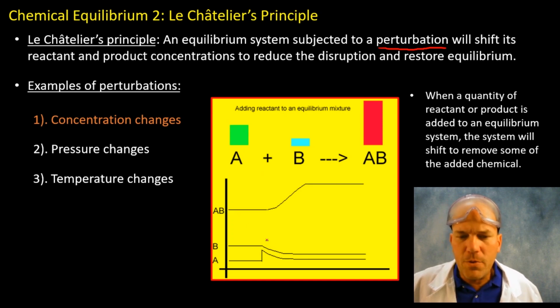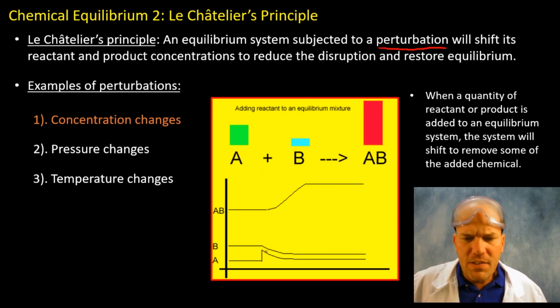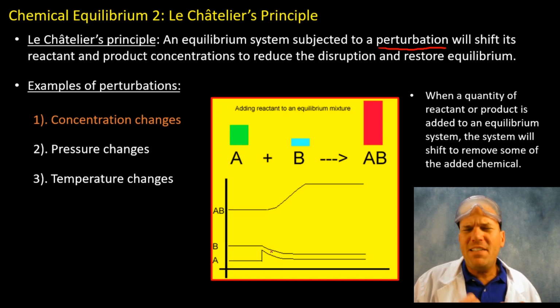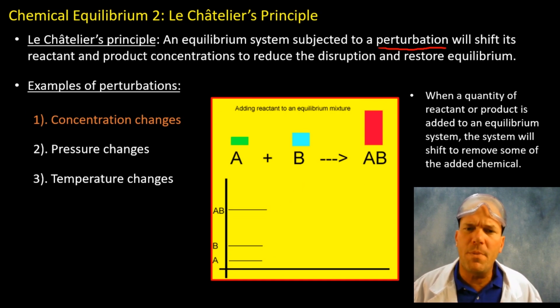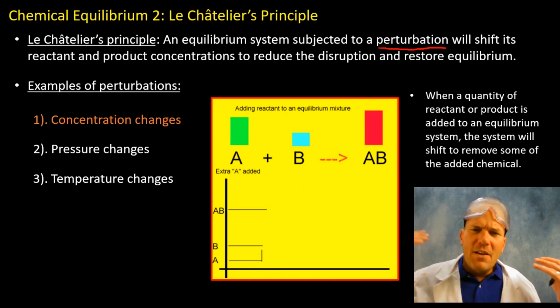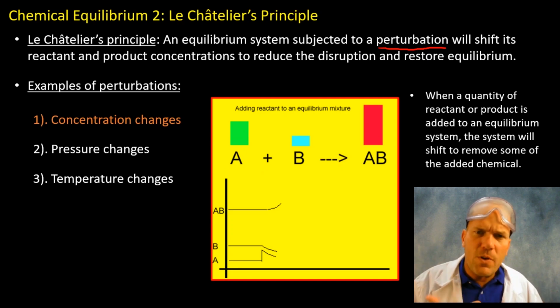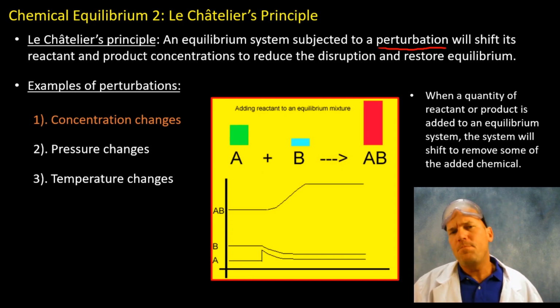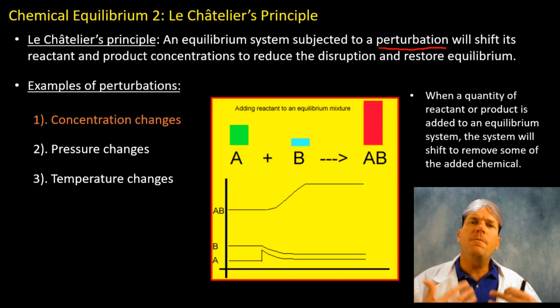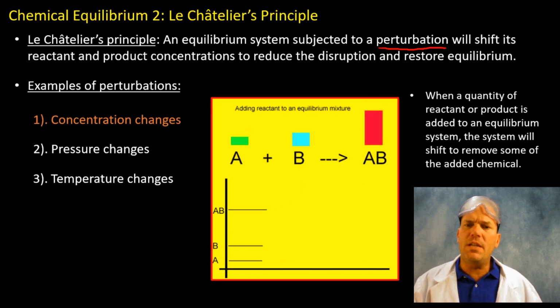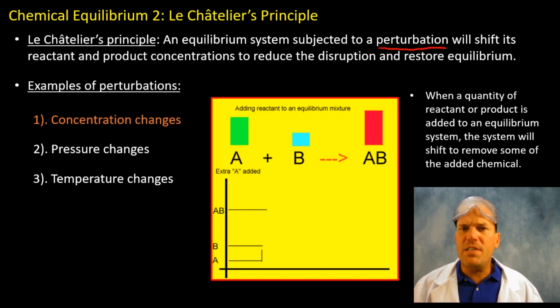Now note a decrease in B. This decrease in B makes sense if you consider it for a moment. As A is added, that stress leads to a shift right to form more products. Well, if you're forming more products, that's going to require the consumption of B. So we see a decrease in B.